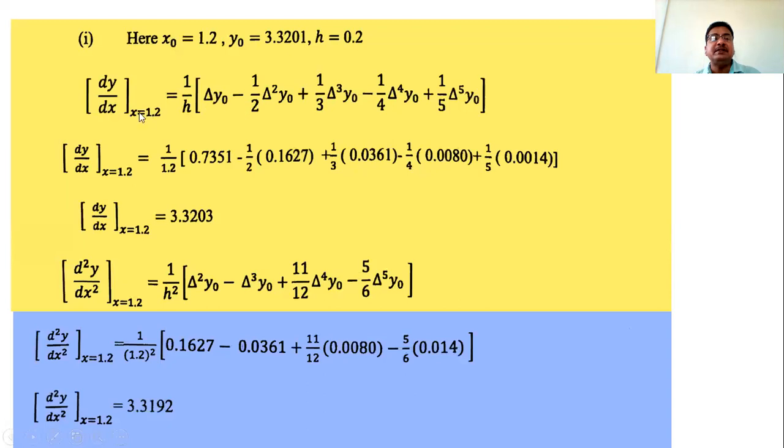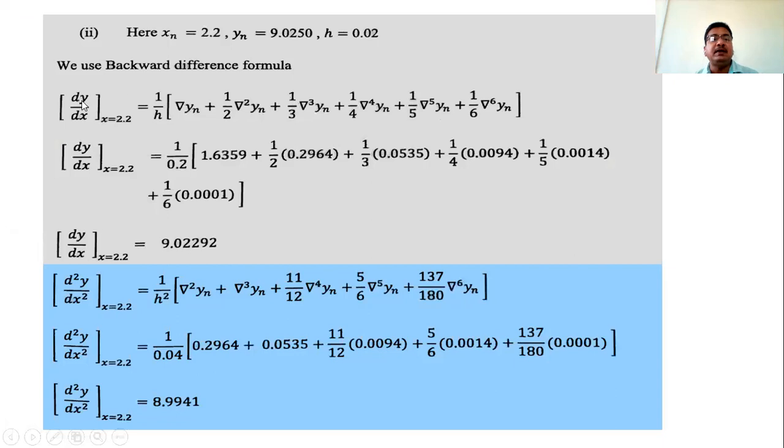What is the difference between the forward difference formula for the first order derivative and the backward difference formula? Here in the forward formula there are alternate signs, plus minus, and the notation is delta. But in the backward difference formula for the first order derivative, the terms are in terms of del, and all terms are positive. That is 1/2, 1 by 3, 1 by 4, 1 by 5, and all these terms.